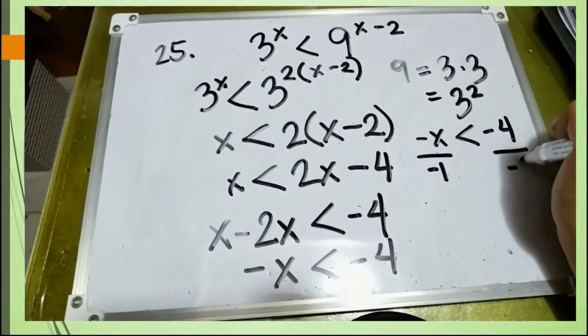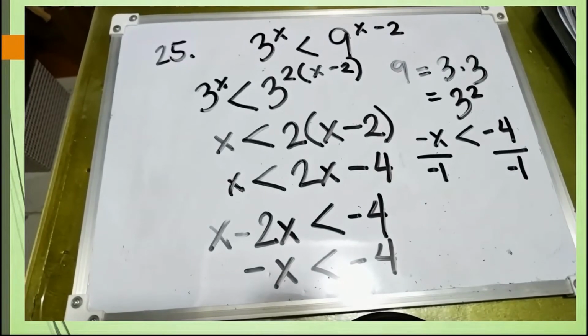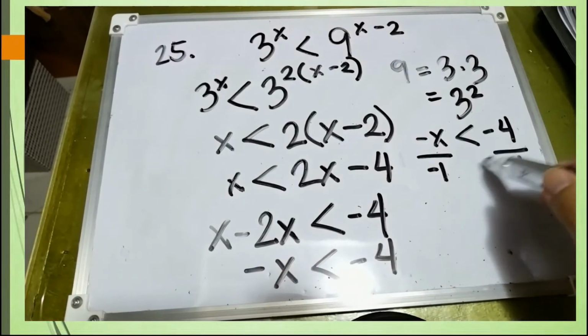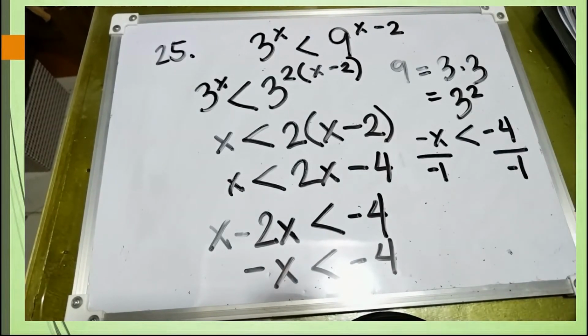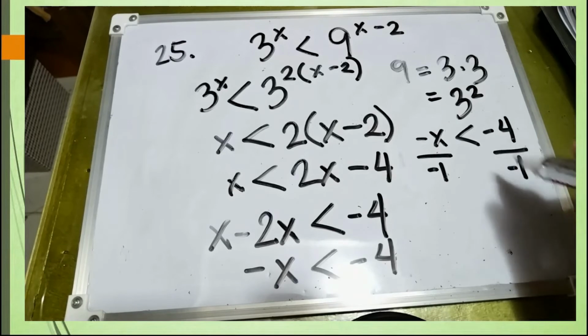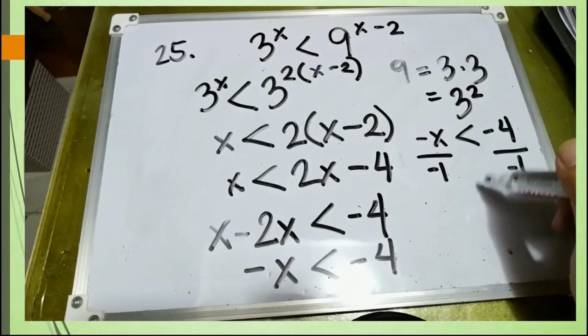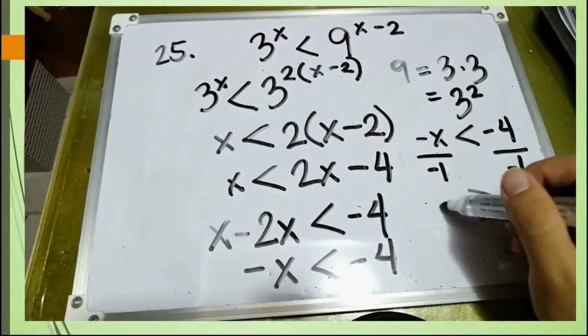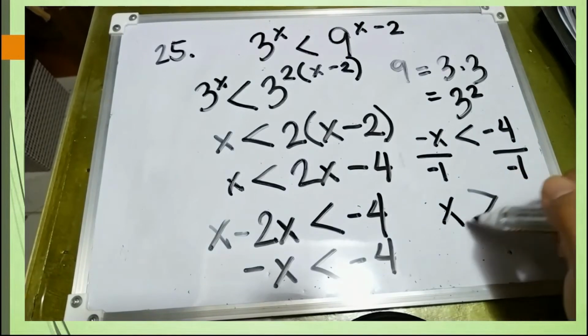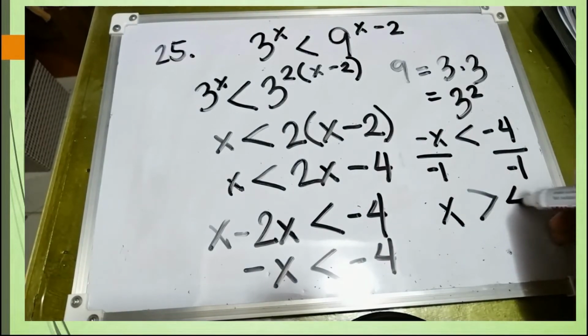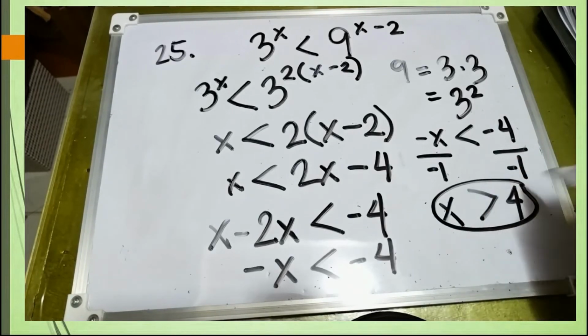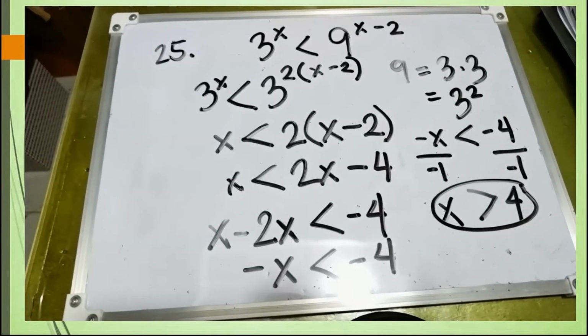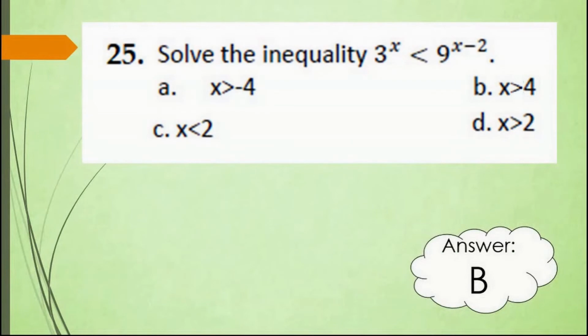So take note that if we're going to divide or multiply by a negative, if it is an inequality, we're going to change the less than to greater than. So x is greater than 4. So that is the answer. The answer is letter B.